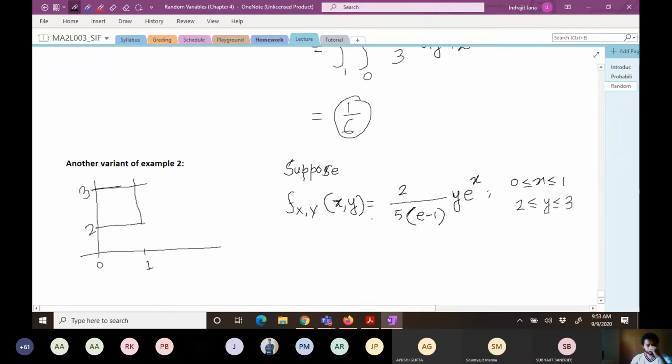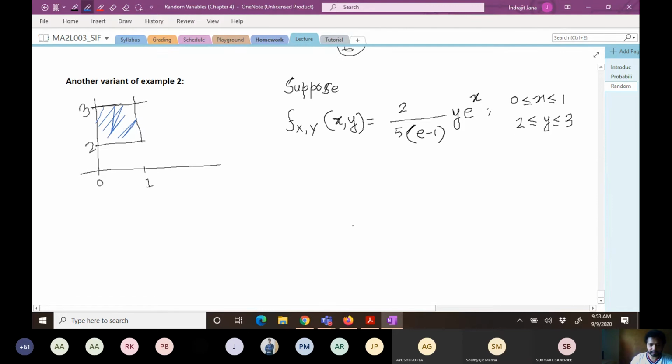Okay. So obviously this is not a uniform distribution. This is something else. So in a 3D picture, the picture of a PDF is going to be something like this. If I try to draw this in 3 dimensions, the domain 0, 1, 2, 3 looks like this.